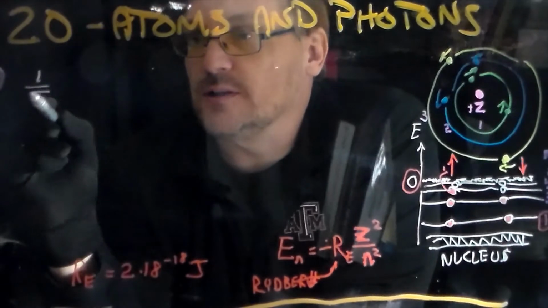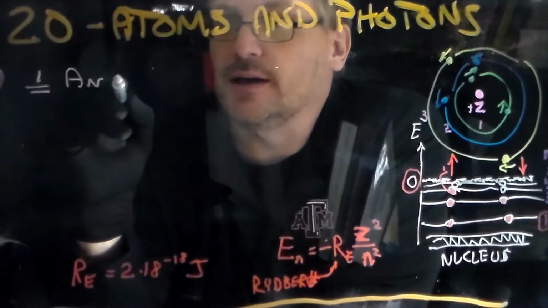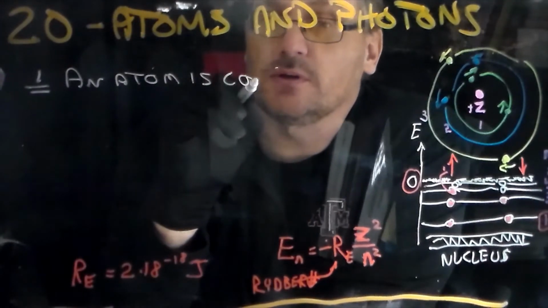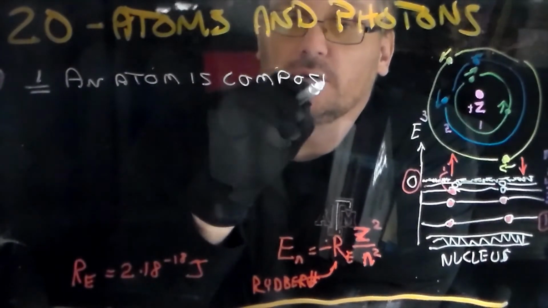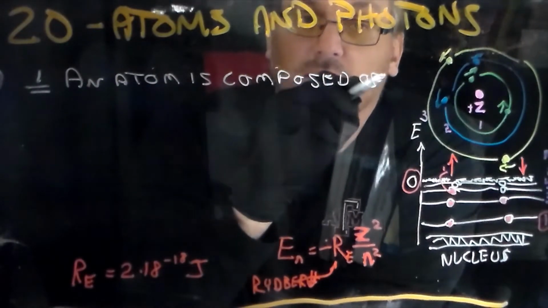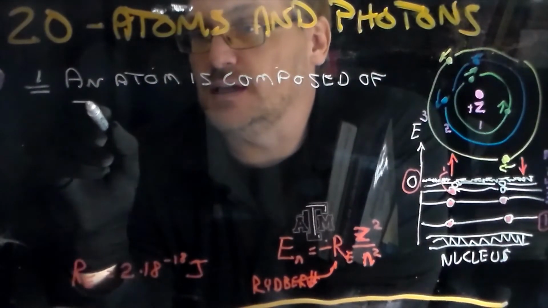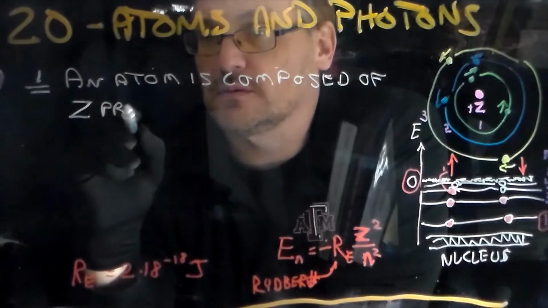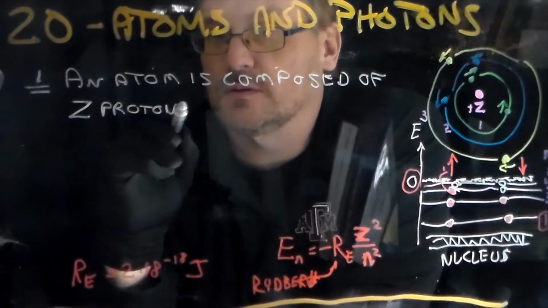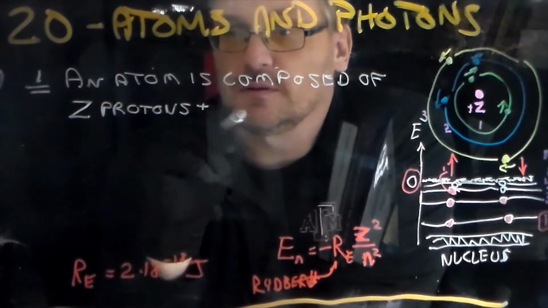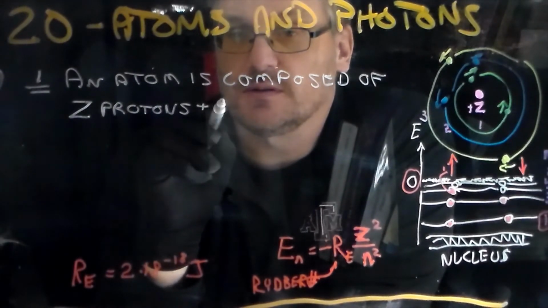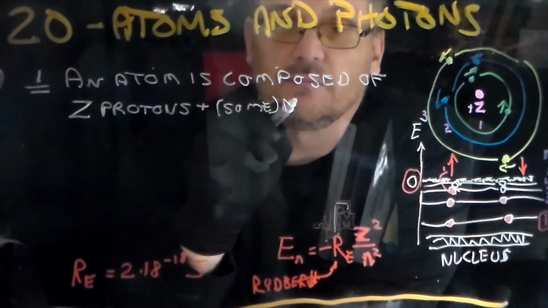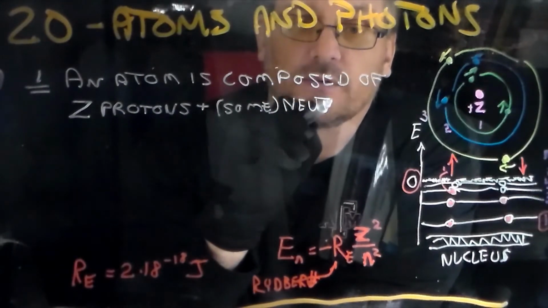So that's our model, is that an atom is composed of Z protons plus some neutrons in the nucleus, but we don't really care about them for this analysis.